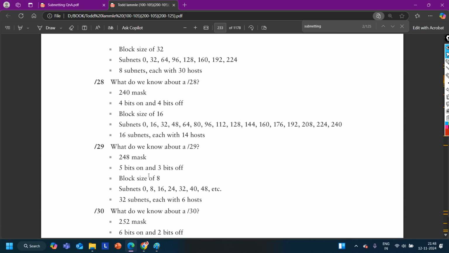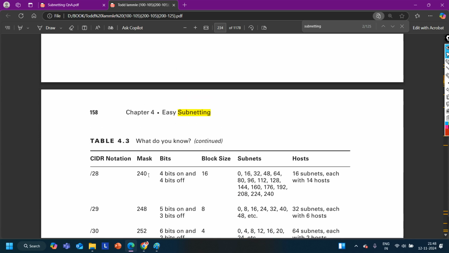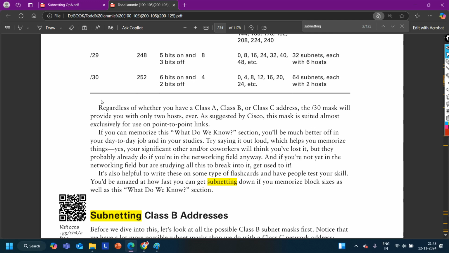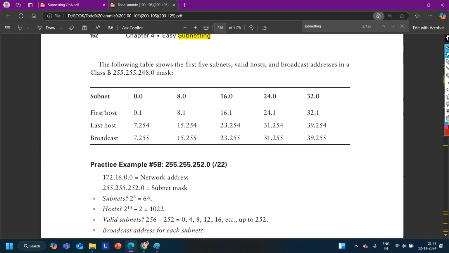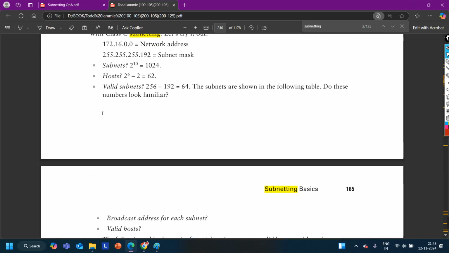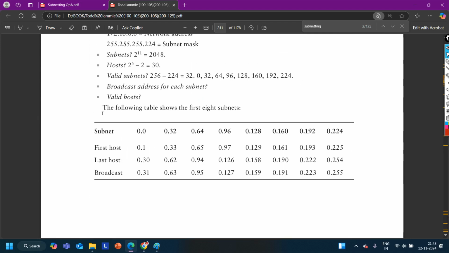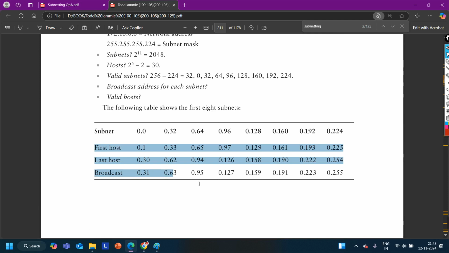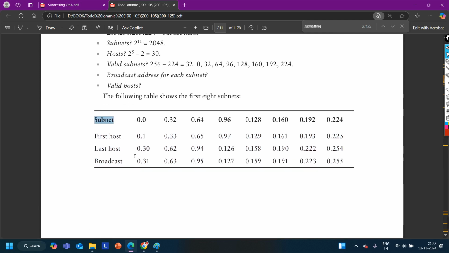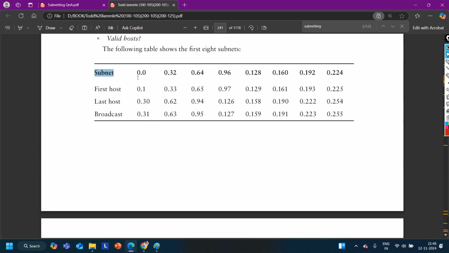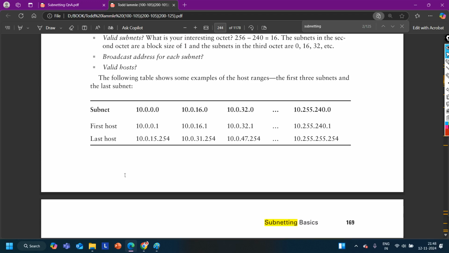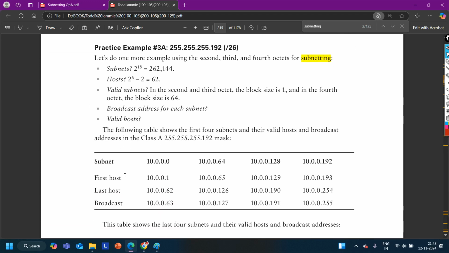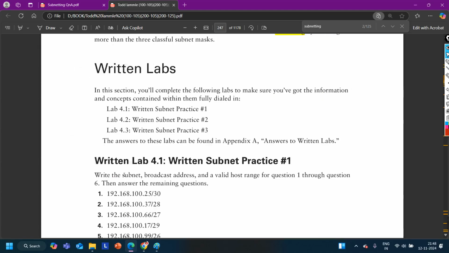These are the options. And then you will have some Q&A in the end, or here you can see the first host, last host, broadcast ID, network ID. Subnet means network ID. So go through it, because you have to master subnetting.